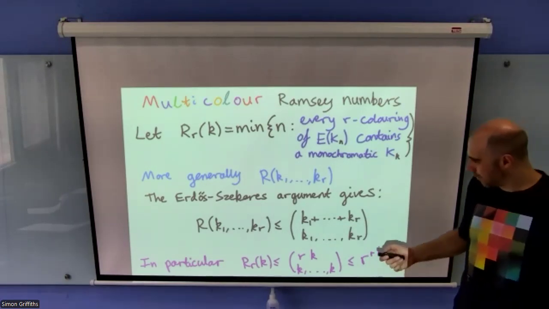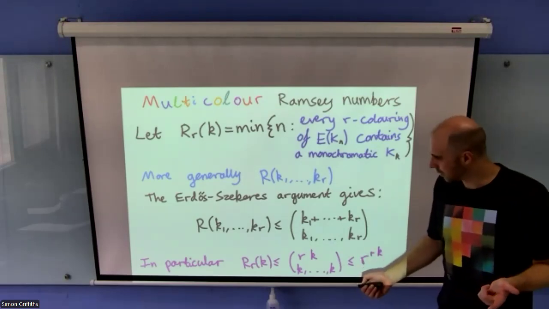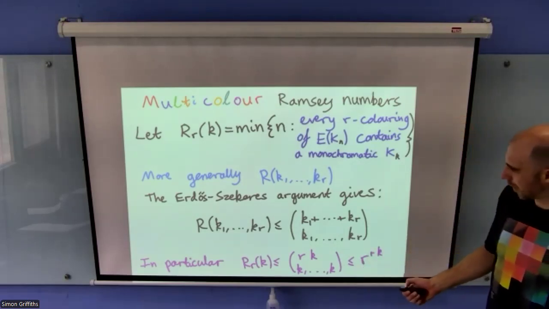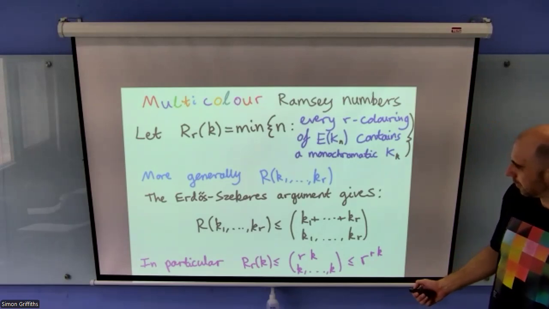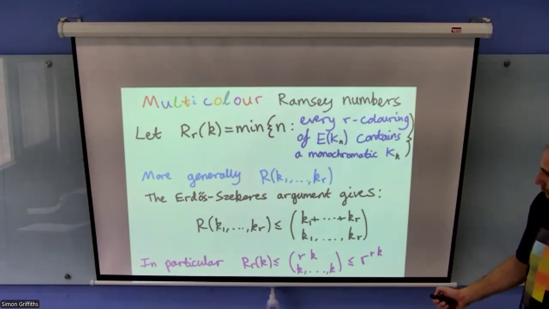In particular, if you think about the diagonal case, then you can put all the Ks equal, and you have an upper bound which is RK choose, the multinomial, K on the bottom.